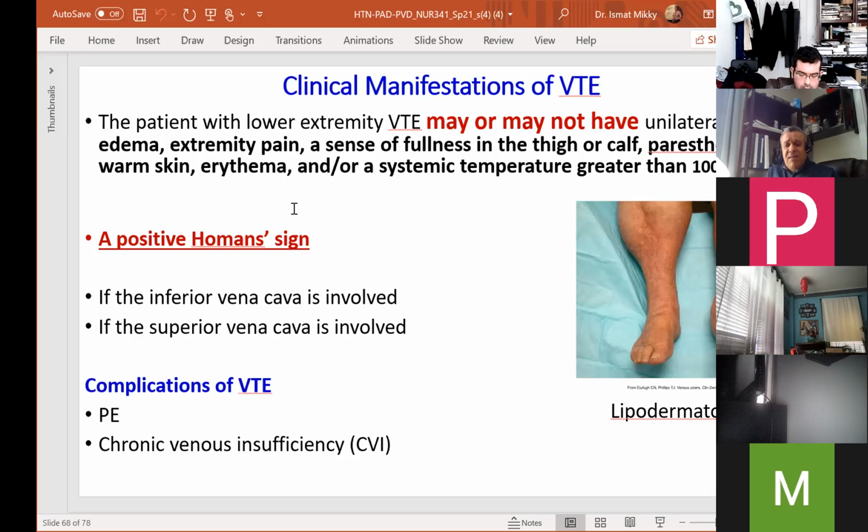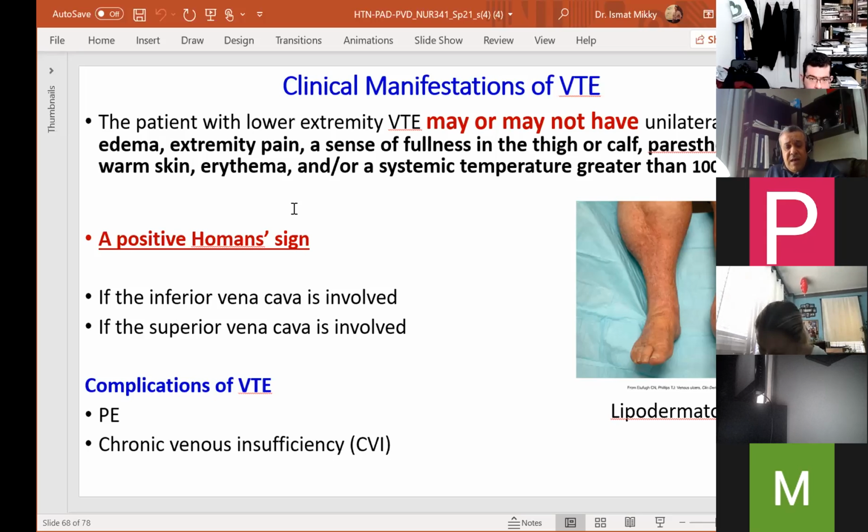That's a classic sign, but it's an unreliable sign, because we have seen cases with DVT that showed a negative sign. It's an unreliable sign with frequent false positives.